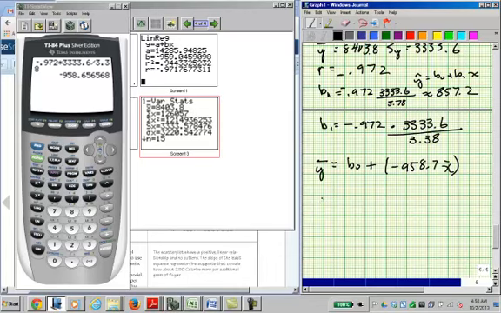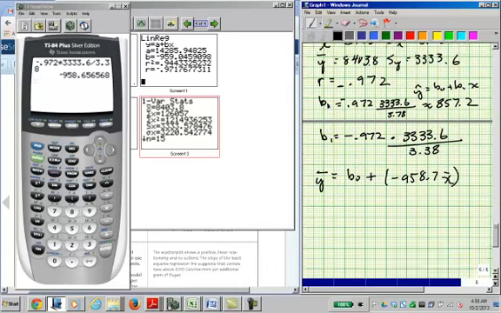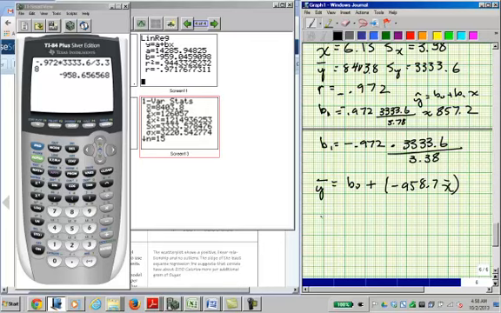So y bar, which is 8403.8, minus negative 958.7 times x bar, which is 6.13, equals b sub 0.